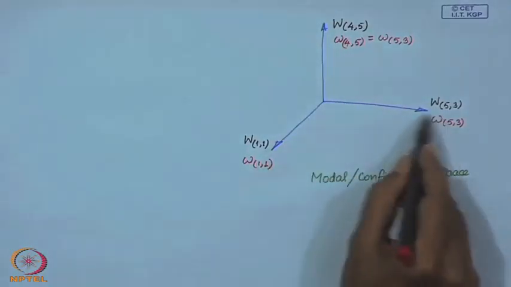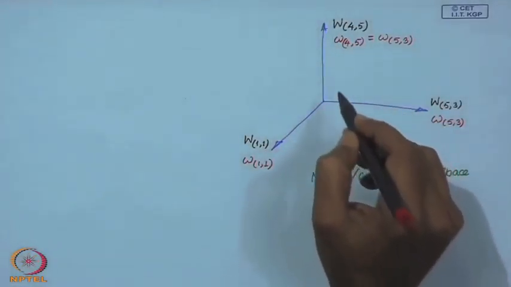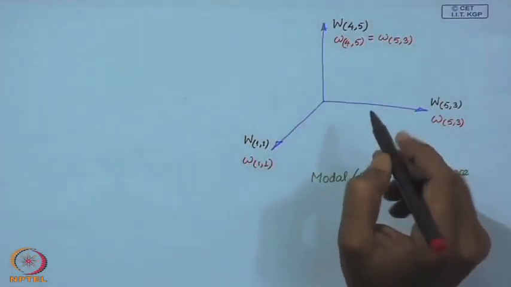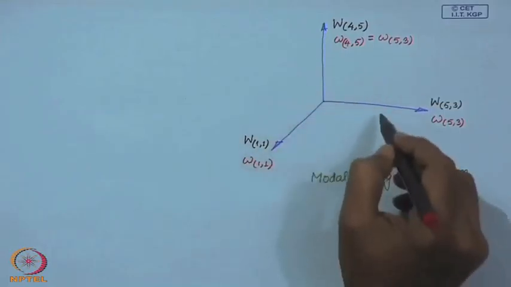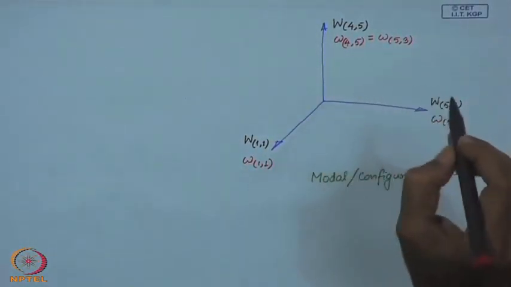Now, if this is an eigenfunction corresponding to omega 5 3, then this is also an eigenfunction corresponding to omega 5 3. So, therefore, any linear combination of these two eigenfunctions is also an eigenfunction of omega 5 3.